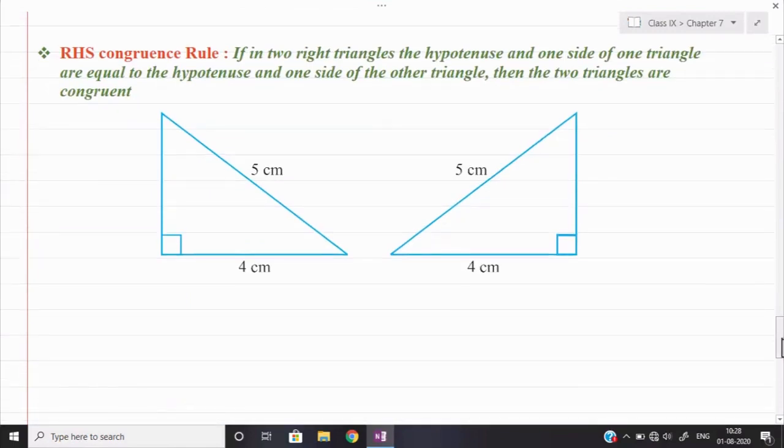RHS congruence rule. The full name of this theorem is right hypotenuse side congruency rule. If in two triangles the hypotenuse and one side of one triangle are equal to the hypotenuse and one side of the other triangle, then the two triangles are congruent.